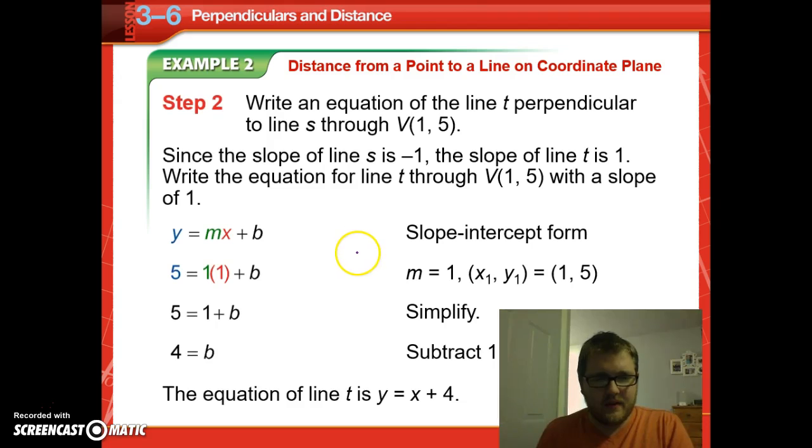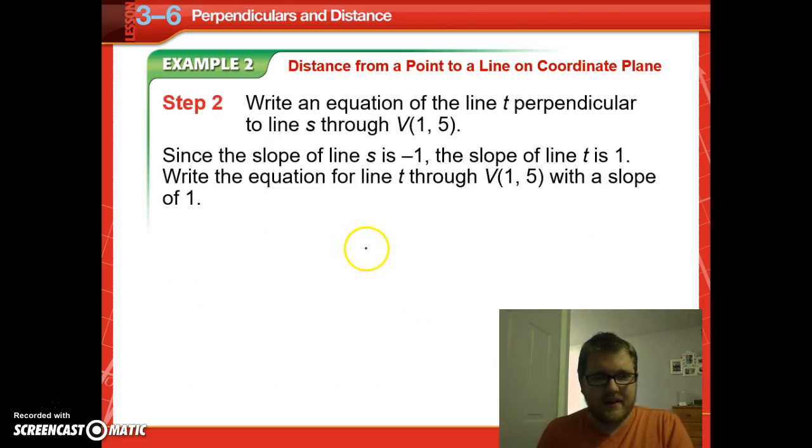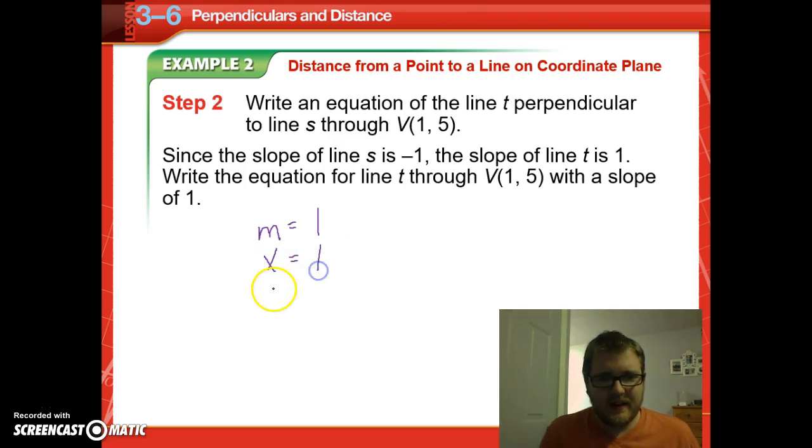In order to do that, we have to remember that the slope of our new line is going to be 1, and it goes through the x value of 1 and the y value of 5. Why did we choose 1? Because that is perpendicular to line S, which has a slope of negative 1.